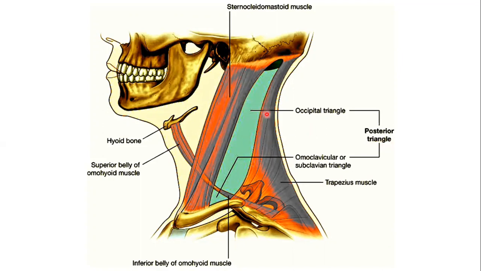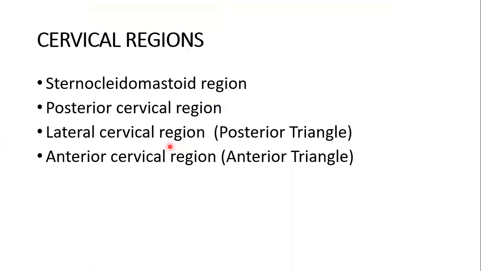So this is the thing, and then you can see the other parts as well. After this, we can study this lateral side of the neck and this anterior side of the neck. These are the divisions enlisted. First the sternocleidomastoid region, then the posterior cervical region, which contains the trapezius and the cutaneous branches, the dorsal rami of the spinal cervical nerves.